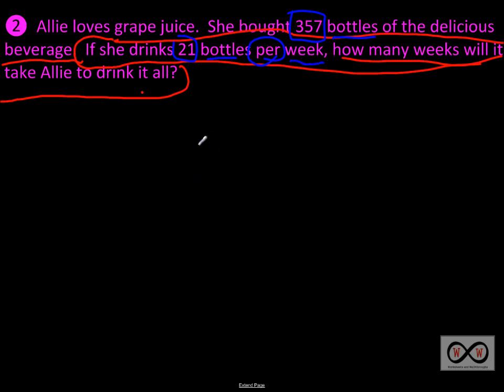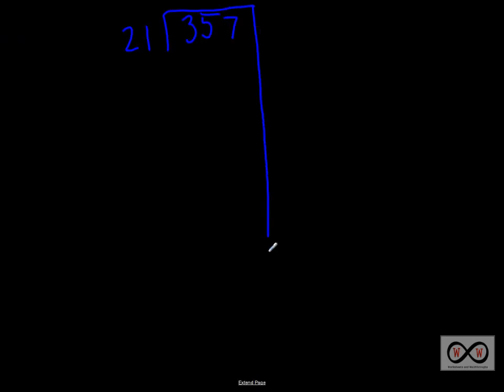So again, we can set up our division problem. It looks at first like it's the traditional method of dividing. So we've got the 357 bottles that she purchased all together, and she drinks 21 per week. How many weeks will it take Allie to drink it all? So let's find out. We've got the partial quotient method going on here. We'll run through this a little bit quicker this time.